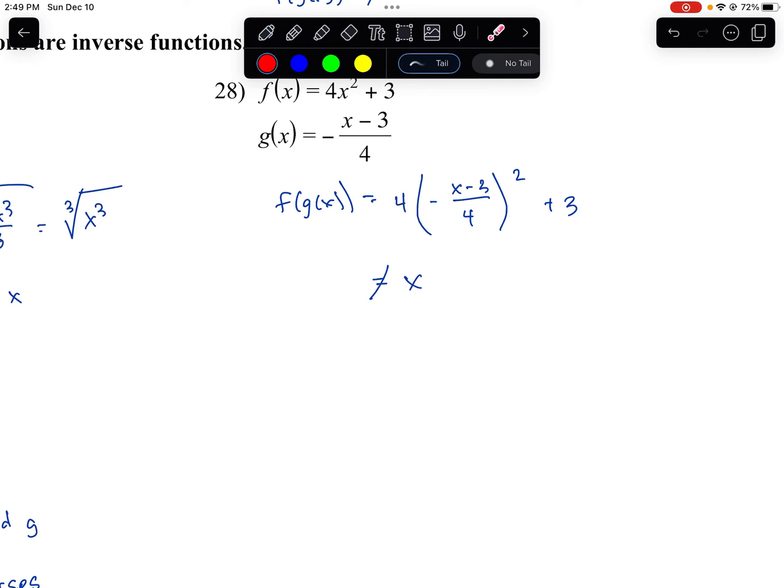It can't undo, all the operations have to be able to undo themselves in the right order. Since there is no square root, which would be the inverse operation of something being squared, it's not possible. So f and g are not inverses. We can't show it by composition.